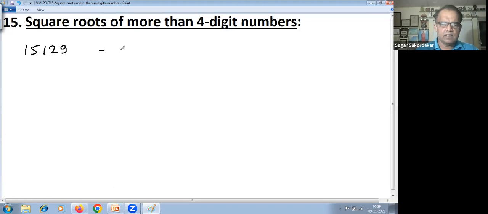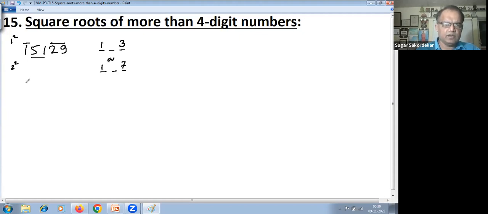Dash, dash, dash, or dash, dash, dash. 9, square root of 9 is 3. Complement of 3 is 7. Make groups. The first group is just a single digit. So based on this, we define the first digit. It is between 1 square and 2 square. 1 square is 1, 2 square is 4. We take the lower side square root, so 1.